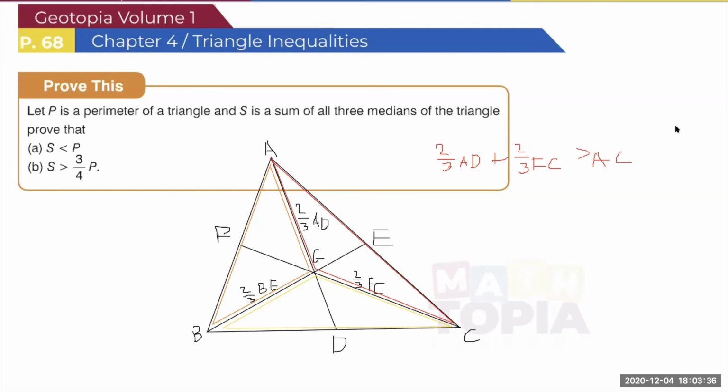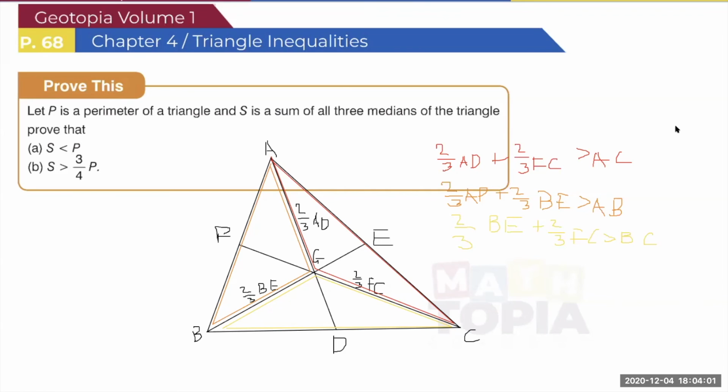From the orange triangle, we have that 2/3 of AD plus 2/3 of BE is greater than AB. And for the yellow, we have that 2/3 of BE plus 2/3 of FC is greater than BC.